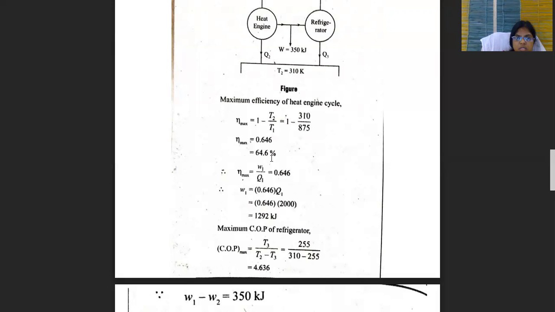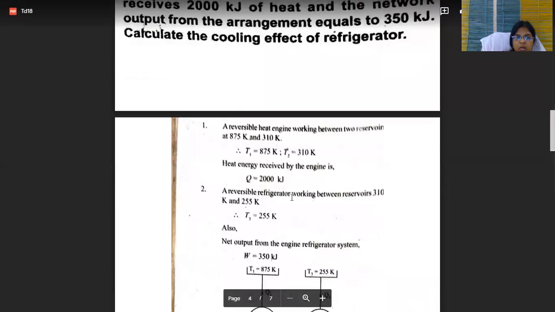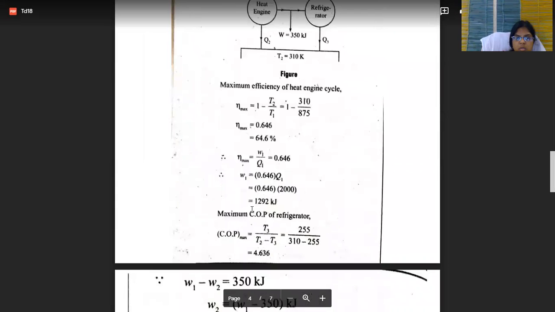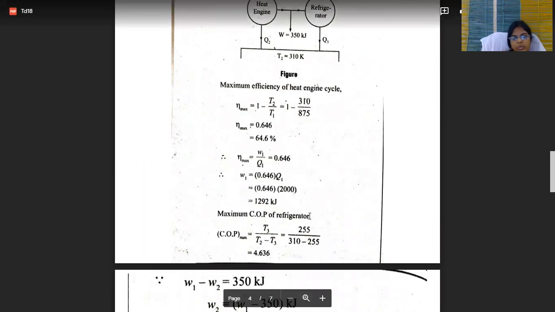What is our efficiency? 0.646 into Q1, so W is equal to 0.646 into Q1. And what is the heat supply? Here the heat energy received is Q1, which is equal to 2000. So W is 1292 kilojoule. And next, maximum coefficient of performance.